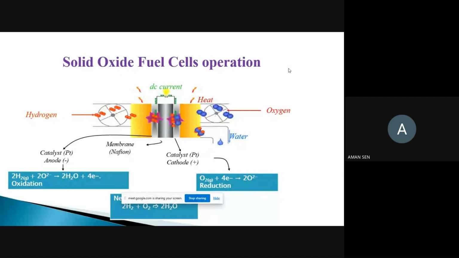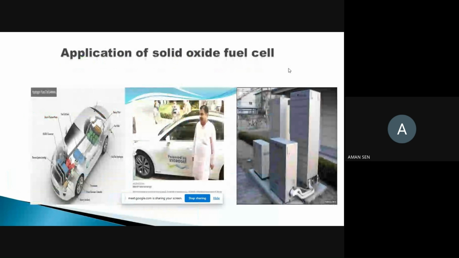In a solid oxide fuel cell, we supply oxygen at the cathode, where the reduction of oxygen takes place. This oxygen then passes through the electrolyte to the anode. At the anode, the reduced oxygen combines with hydrogen and gives steam with free electrons, and these free electrons, with the help of interconnects, are supplied to the external circuit.